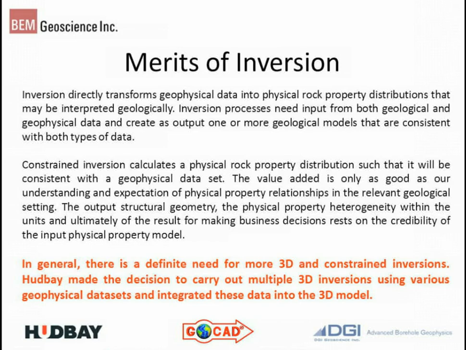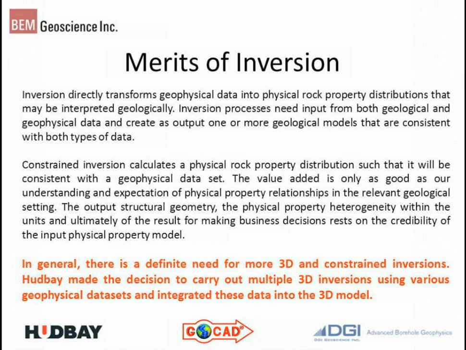So it is really important to have a good handle on what the expected physical rock properties are of the geological setting that you're working in, in order to be able to appropriately constrain inversion.